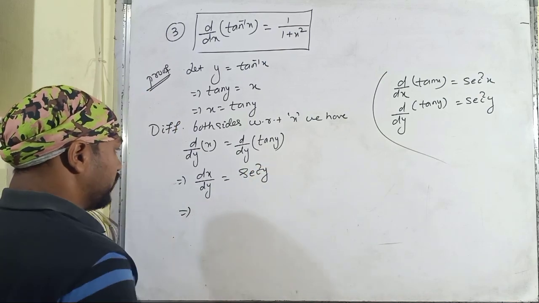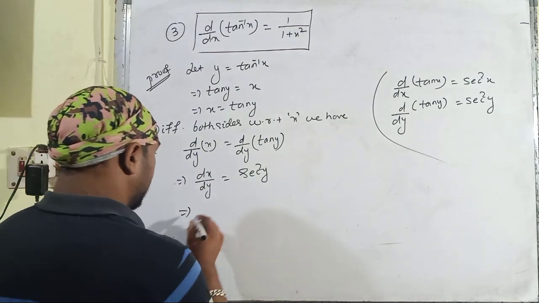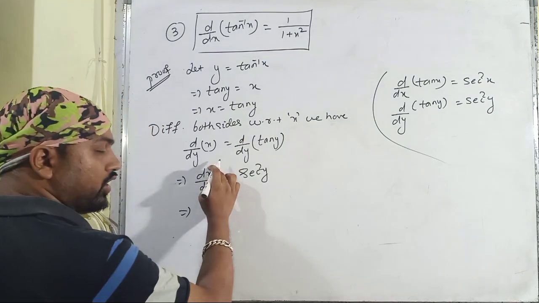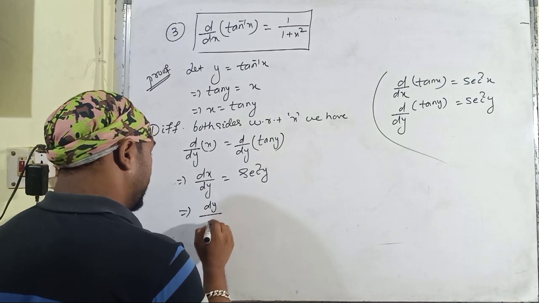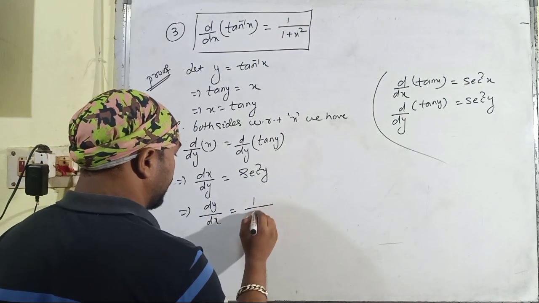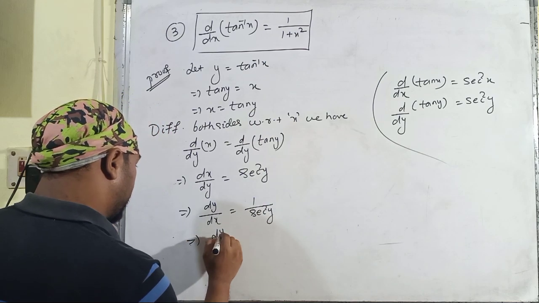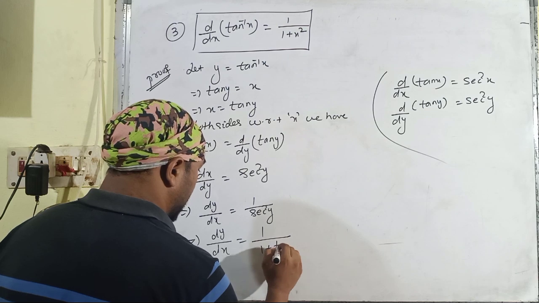Now just by taking the reciprocal here, by alternating the numerator and the denominator on both sides, we have dy upon dx is 1 upon sec square y. In place of sec square y, we can put 1 plus tan square y.